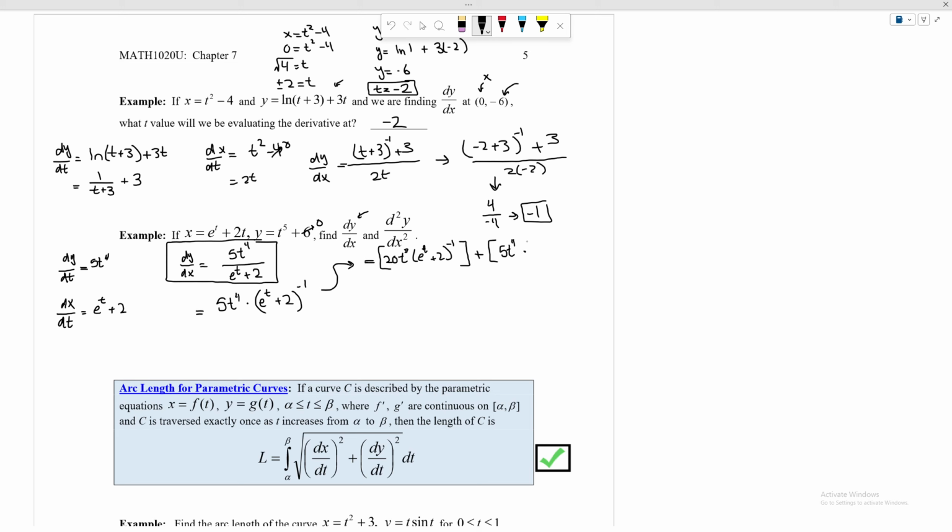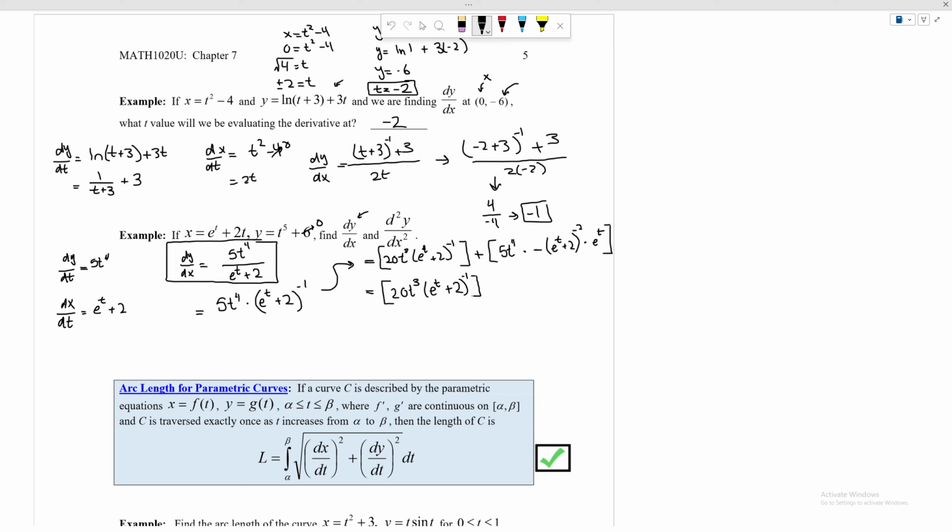The derivative of the second, the negative comes down, the inside stays the same, minus, and multiply by the derivative of the inside, which is just e^t. And if I simplify this real quick, there you go.